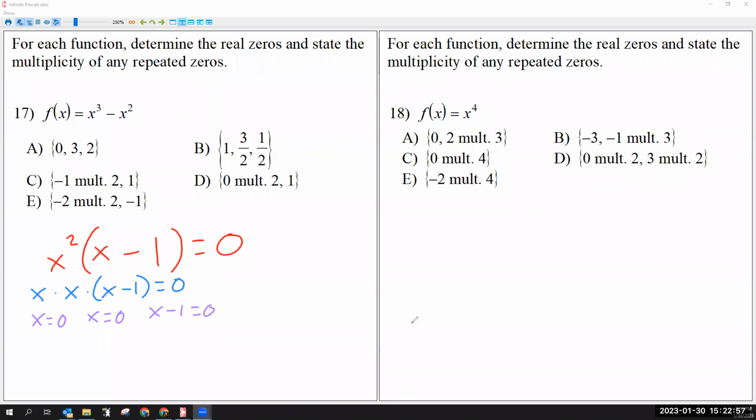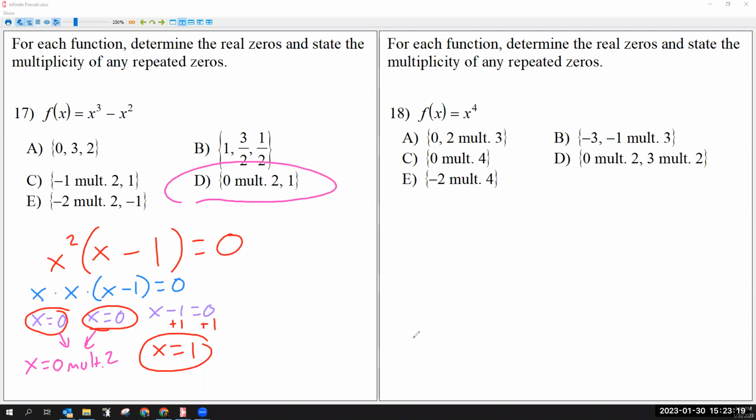Well, the first two are already solved for x. This one, I need to add 1 to both sides. X equals 1. And so I get that, and that. Except those x equals 0s occurred 2 times. So we rewrite that as x equals 0 multiplicity 2, meaning it was repeated twice.